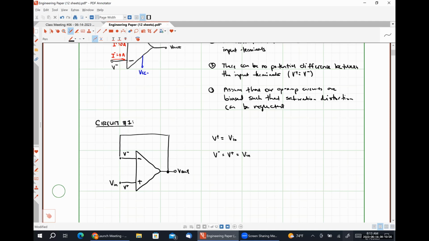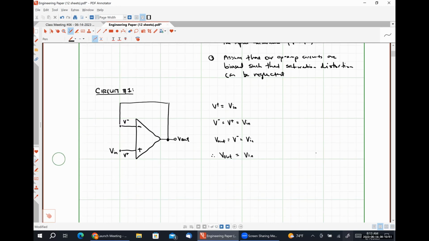And since there is a short circuit connecting our inverting input node and our output node, we can then say that V out is equal to V minus, which is therefore also equal to V in. So our overall relationship for this circuit is that V out is equal to V in.